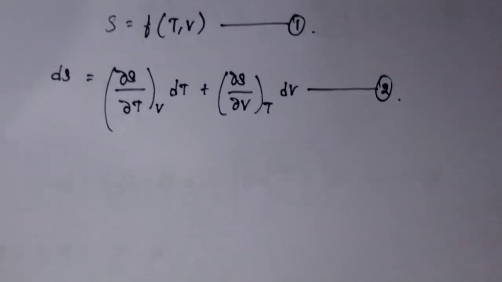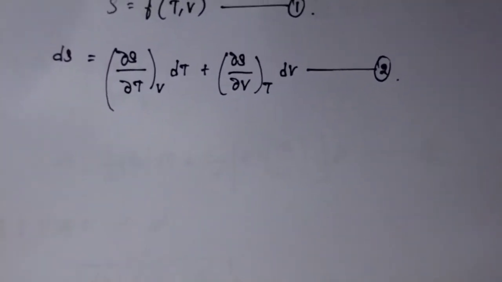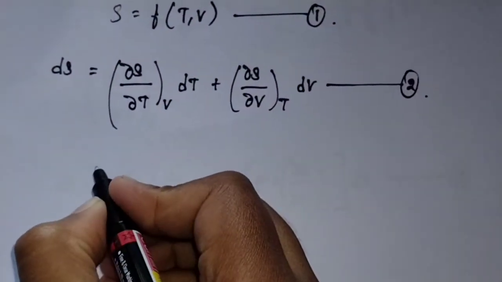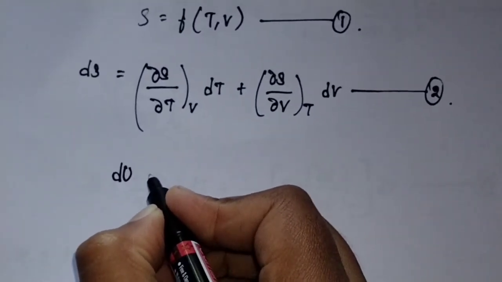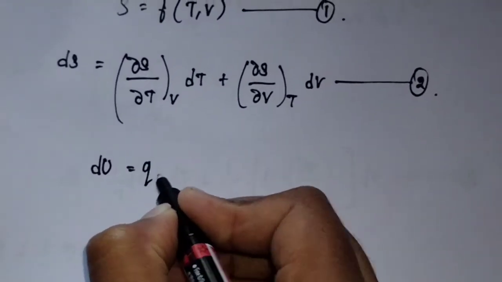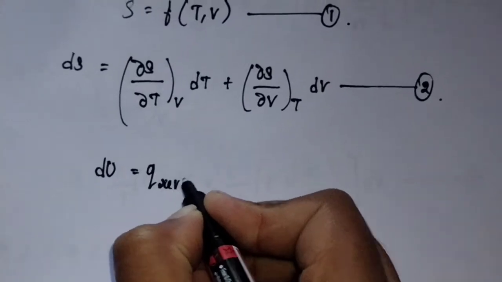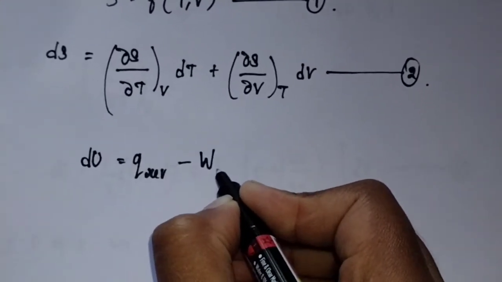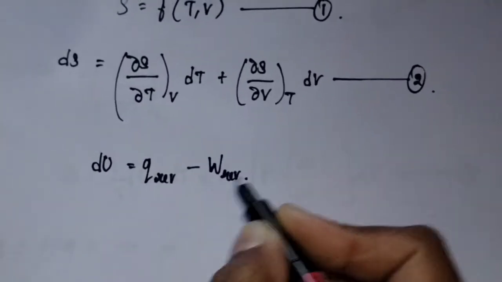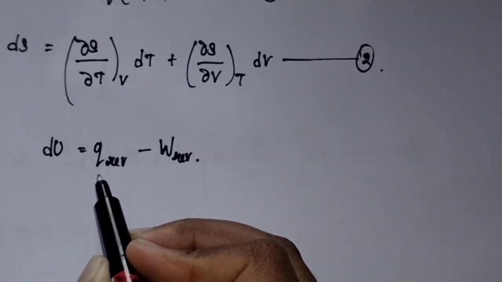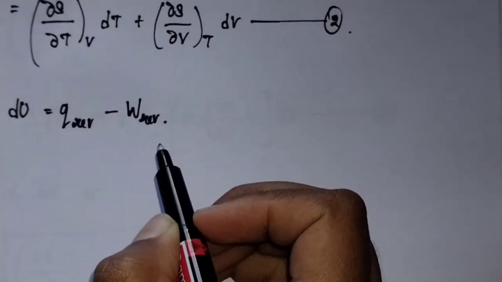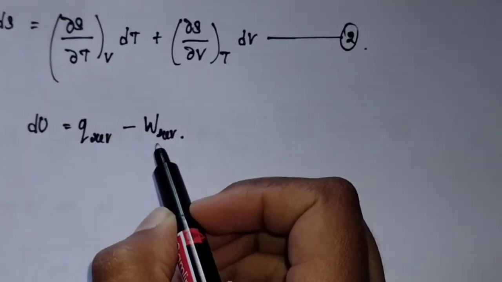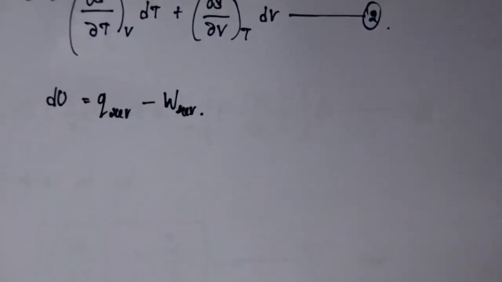From the first law of thermodynamics, for a reversible process, we know dU, the internal energy, is equal to Q minus W, where Q is heat and W is work done by the system.